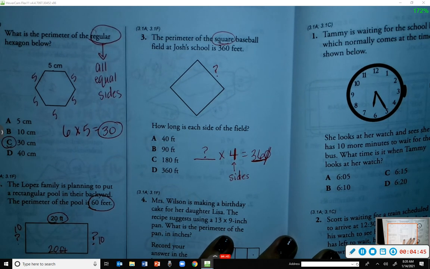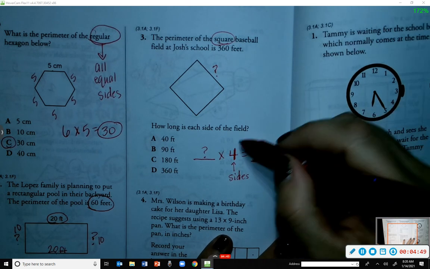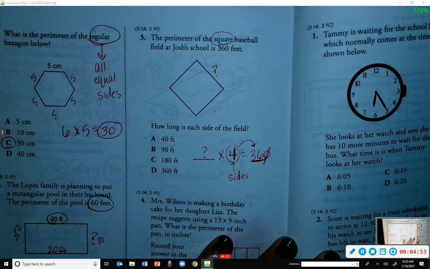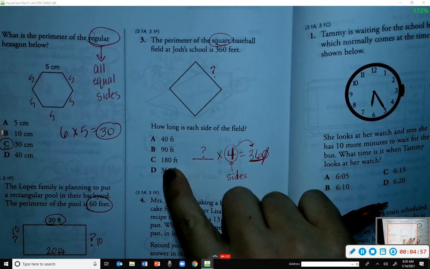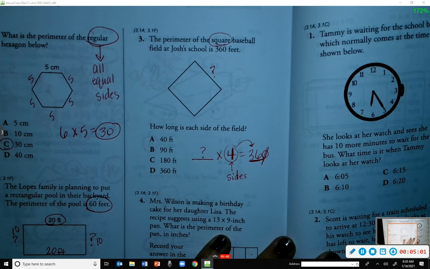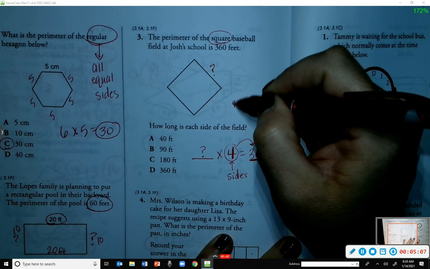There's a couple of different things you could do. Kelsey? You can skip count by 4s until you get to 36. We could use our answer choices, right? Yeah, I could plug them in and see if I multiply by 4, if it gives me 360. Now I'm just going to skip by 4 until I get to 36.